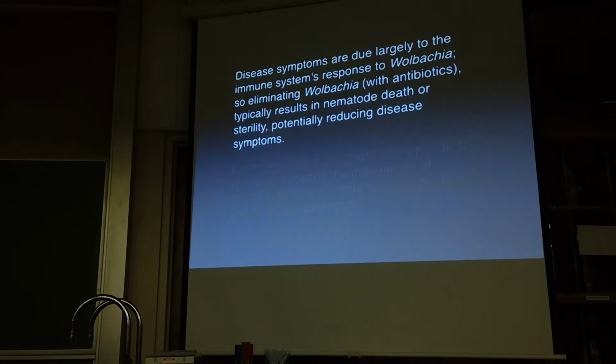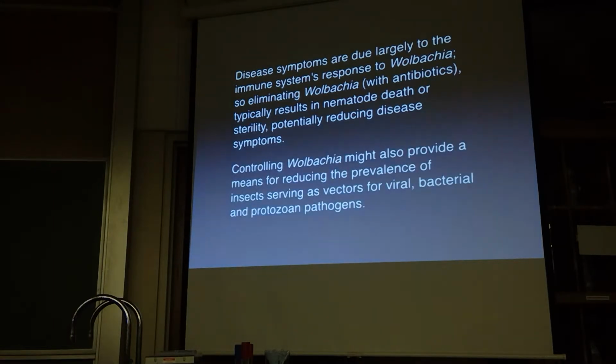So these are fairly important findings, finding out what Wolbachia is doing and what people might be able to do to control it. The other thing they're looking at is that because Wolbachia is associated with insects, a lot of insects are associated with diseases caused by protozoa, diseases caused by viruses. And so they're looking at how they can manipulate Wolbachia to change the insect life cycle so that the insects can't transmit the disease-causing agent.